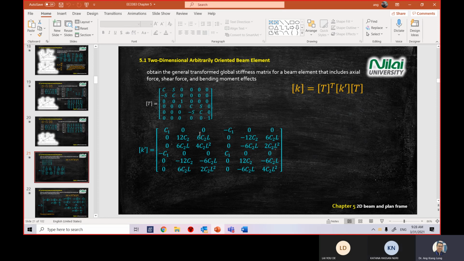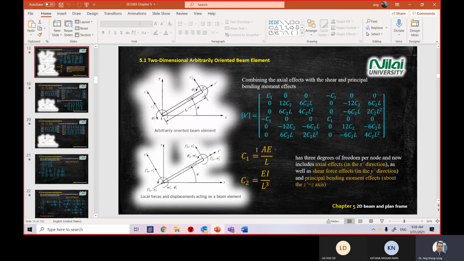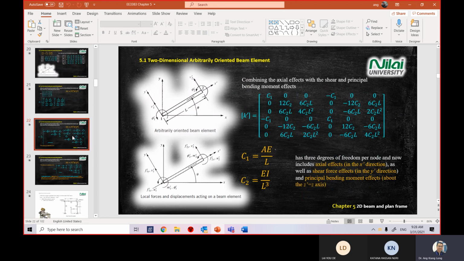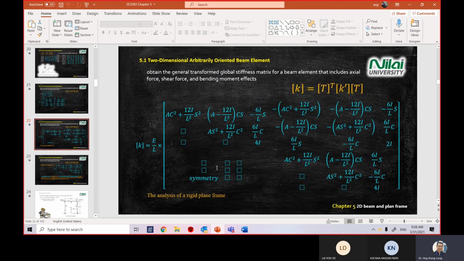So first equation, second equation, third equation, including C1 and C2. And then the fourth one, the big rigid plane frame stiffness matrix. You write this in the answer sheet, you get the 5 marks there.